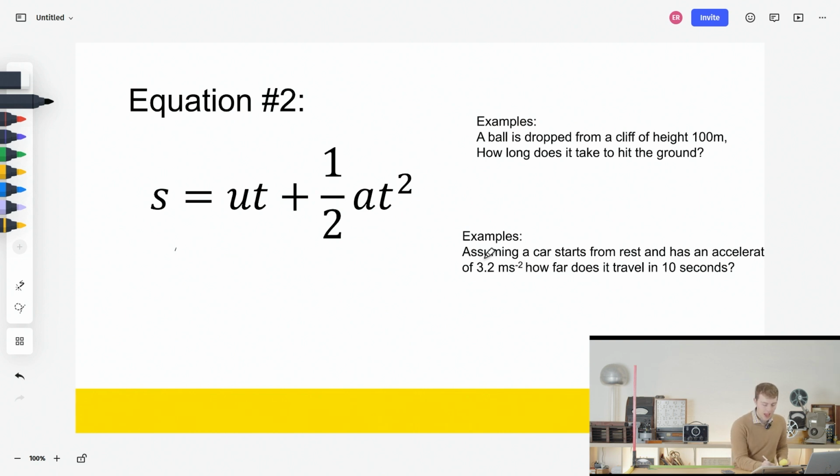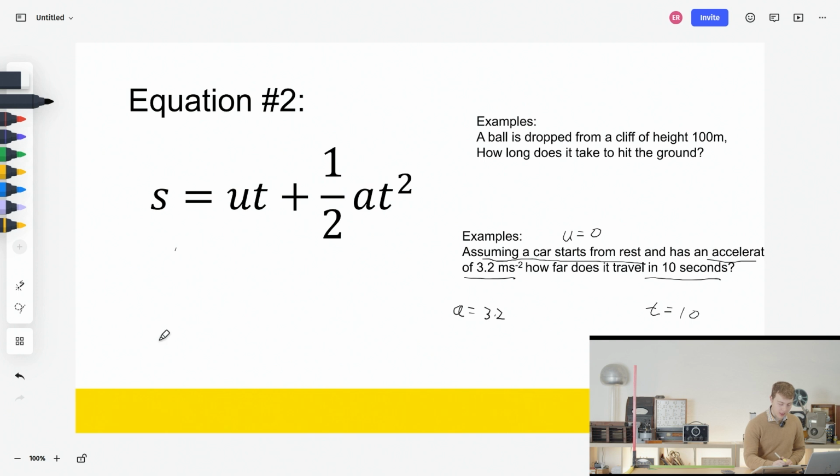We've got a car that starts from rest, so we've got initial velocity equal to 0, and an acceleration of 3.2 meters per second squared. So a equals 3.2. We've got t equals 10, and we're being asked to figure out how far it goes forwards. Now again, everything's in the same direction, so we're just going to consider the magnitudes.